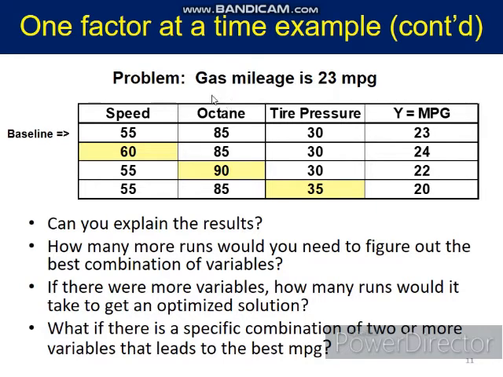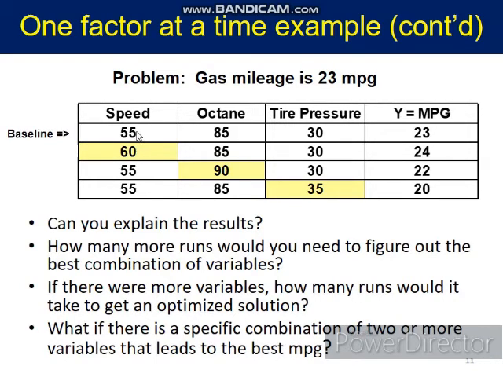If you run this experiment selecting three factors, which are speed, octane level, and tire pressure, and you plan to run the experiment one factor at a time, this is how you're going to do it.